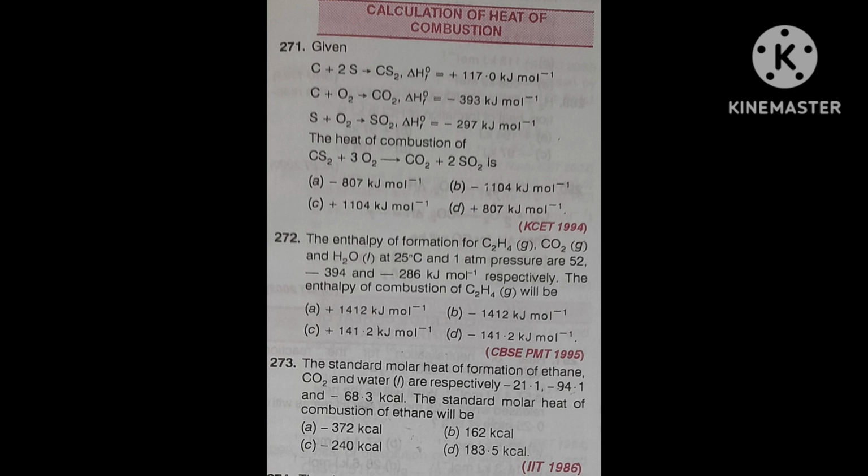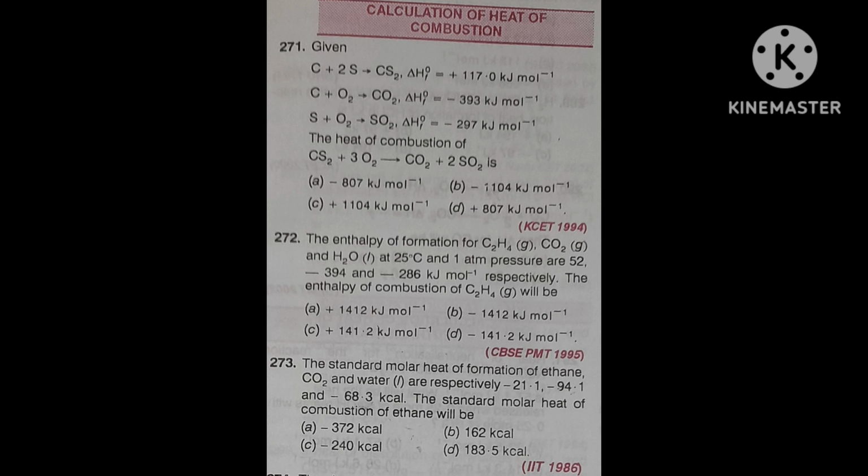Again I am repeating the question, just listen carefully or note it down. Better you see the question, then you can understand and solve it. Three reactions are given. First, C plus 2S gives CS2, standard delta HF equal to plus 117.0 kilojoule per mole.